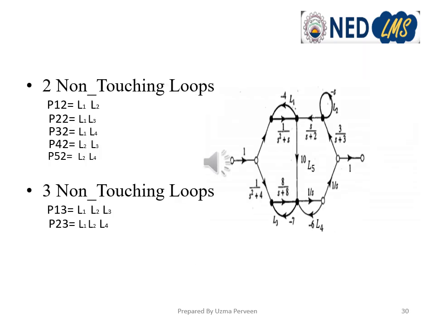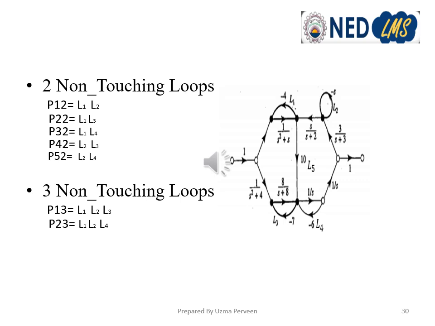After counting the single loops, we can see that we have 5 combinations of 2 non-touching loops. L1 is non-touching to L2, that is, these two loops are not sharing any node. L1 is also non-touching to L3, making the combinations L1 L3, L1 L4, and L2 L3, and L2 and L4 are also non-touching.